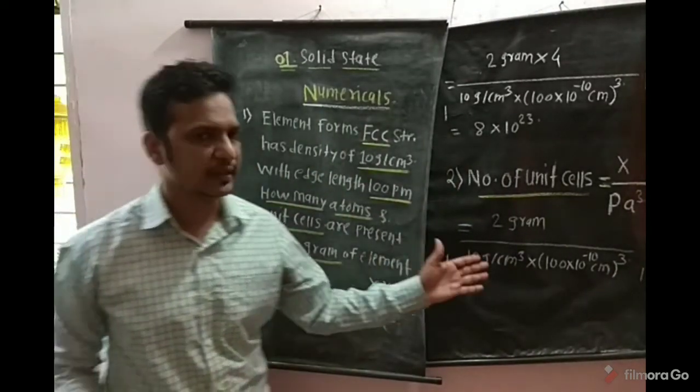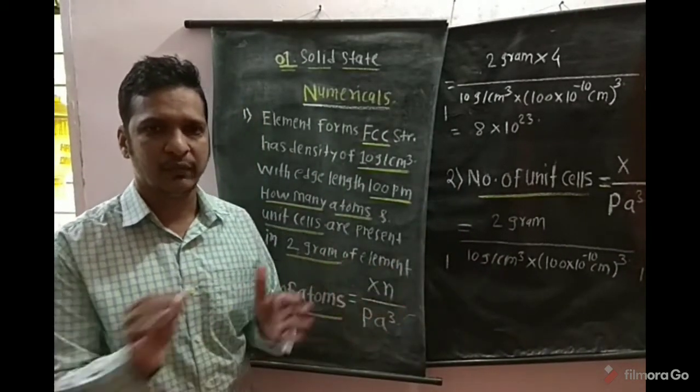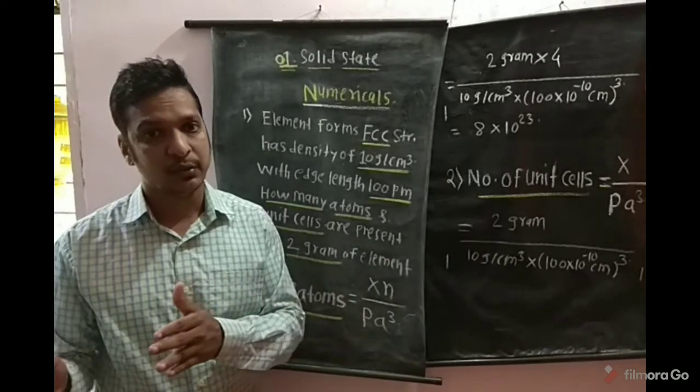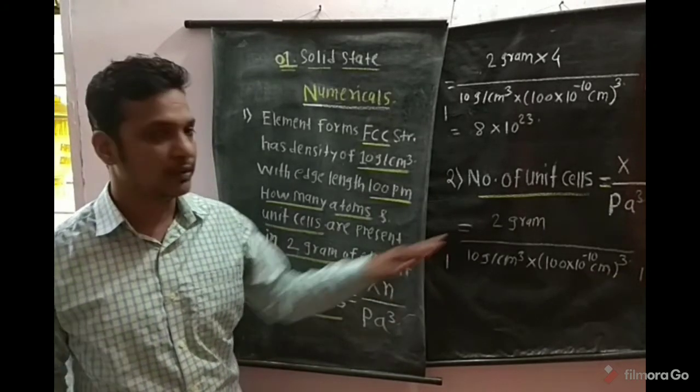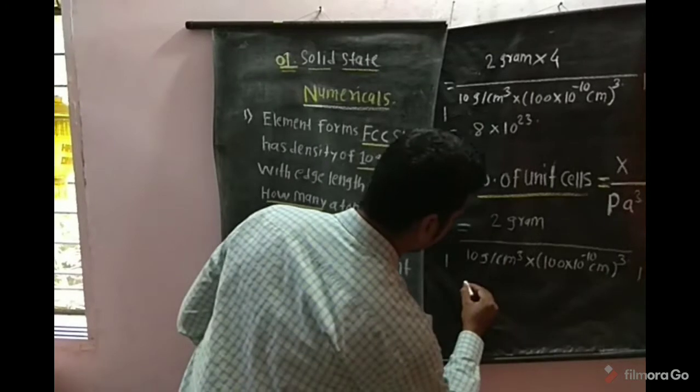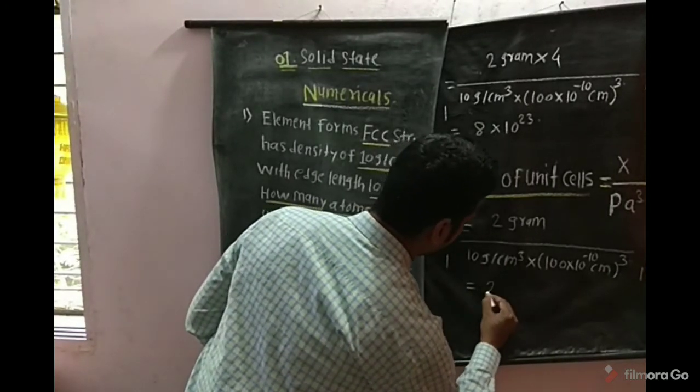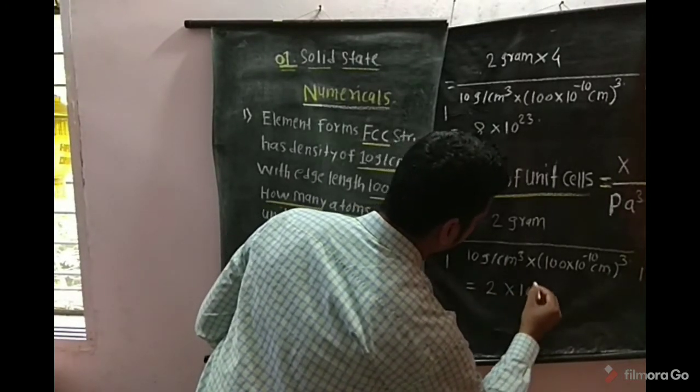Now when you solve this, you will get 2 into 10 raised to 23, which is my second answer. So by solving this, we get the number of unit cells as 2 into 10 raised to 23.